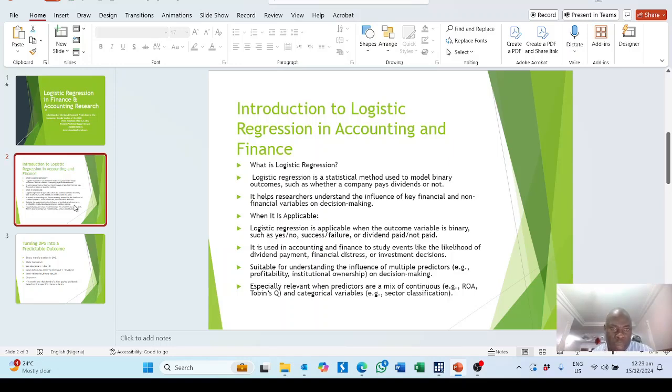This statistical method is useful to us as researchers because it helps us to understand the influence of key financial and non-financial variables on decision making. It is applicable in situations where the outcome variable is binary, like I've said earlier.